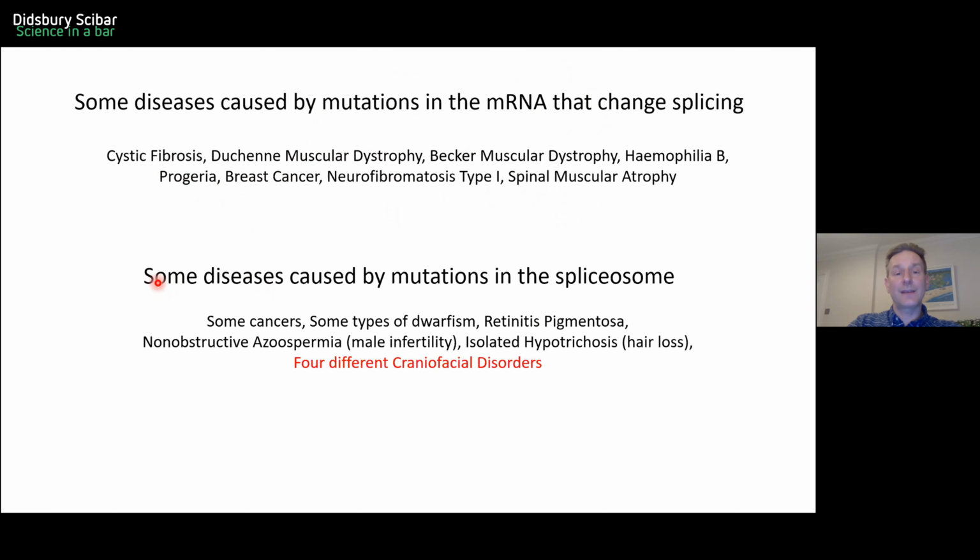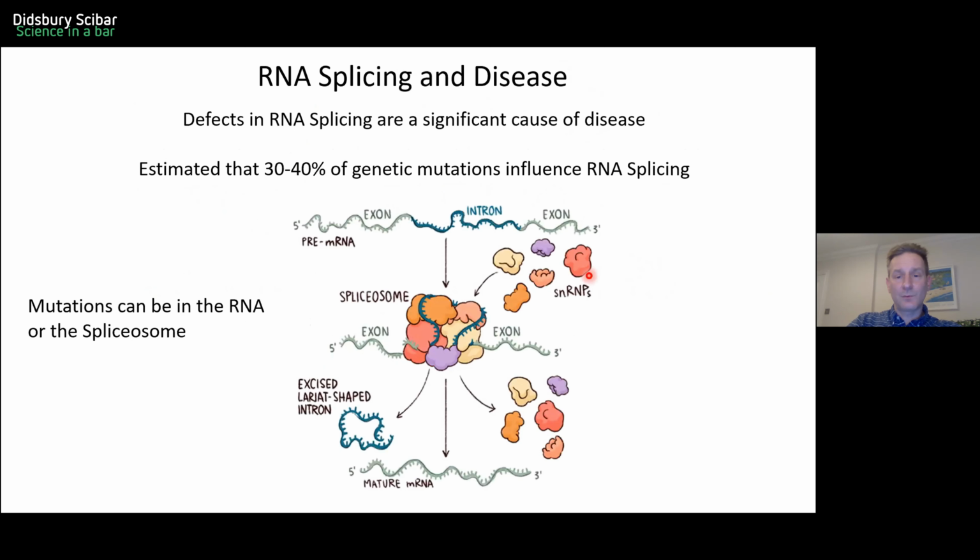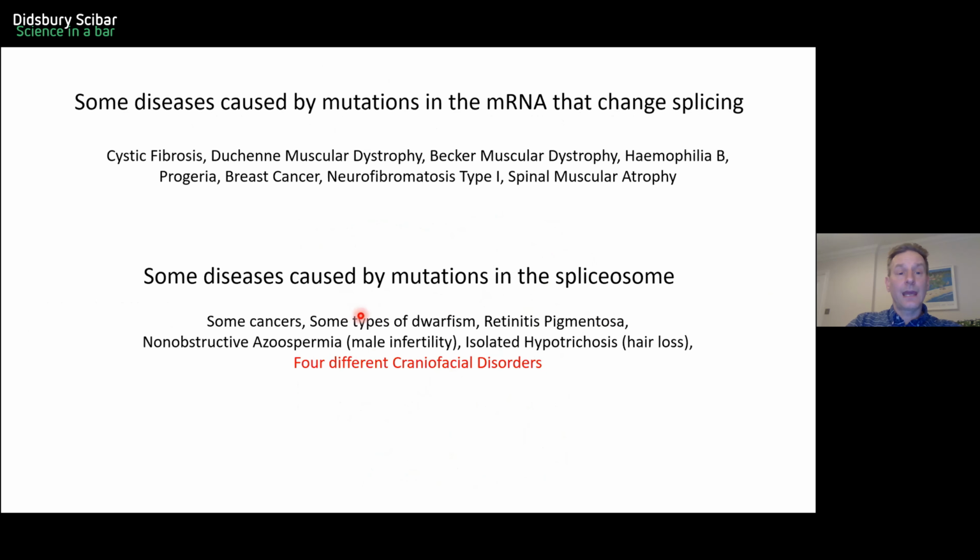But as I said, there are also some diseases caused by mutations in the spliceosome. If you get mutations within the spliceosome, it may not be able to splice messages properly. Some of the diseases caused by mutations in the spliceosome include some cancers, some types of dwarfism, retinitis pigmentosa, which is an eye disease, male infertility, and a hair loss disease as well.